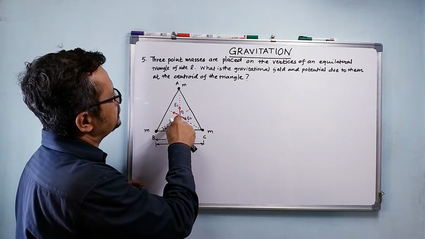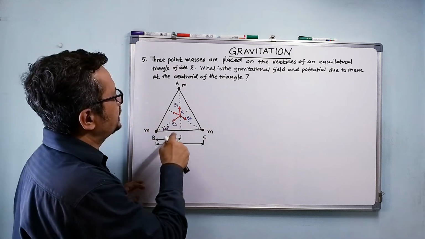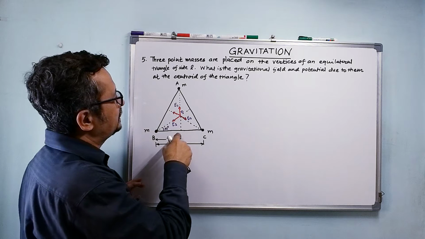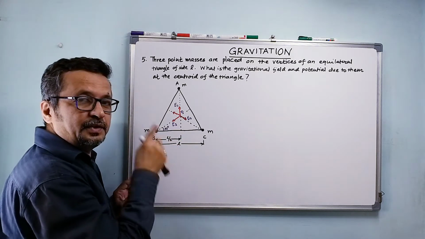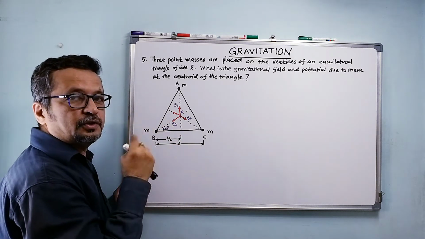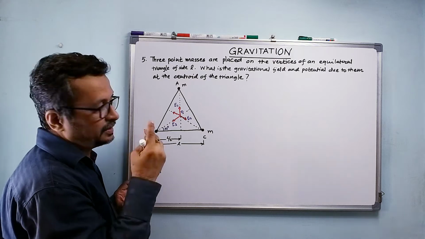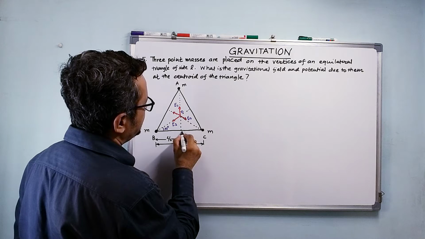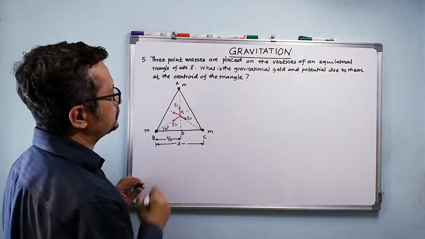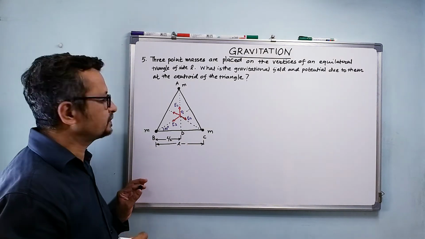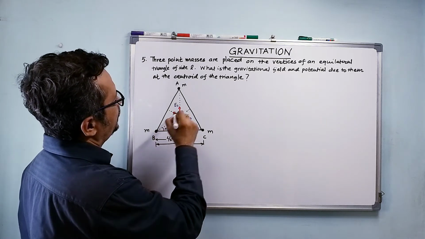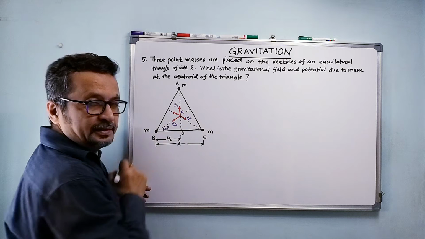What I know is O is my centroid, and for an equilateral triangle, the median is also perpendicular to the opposite side. This median, let us call it AD, is perpendicular to BC and it bisects it. You have this triangle ODB.